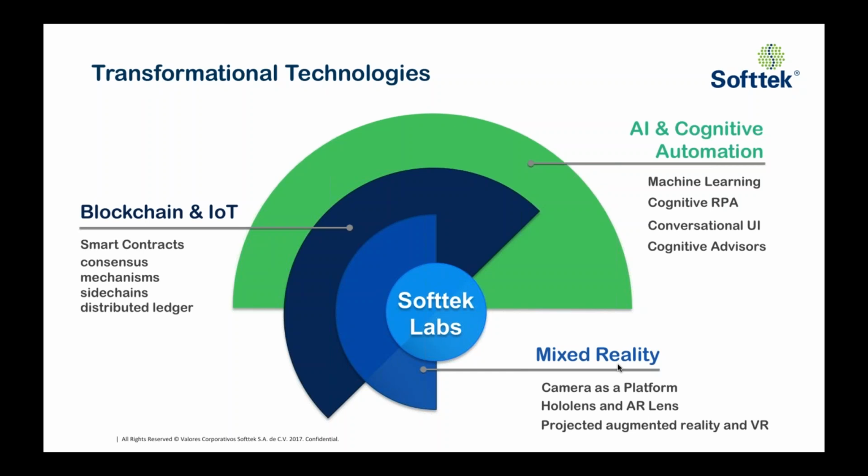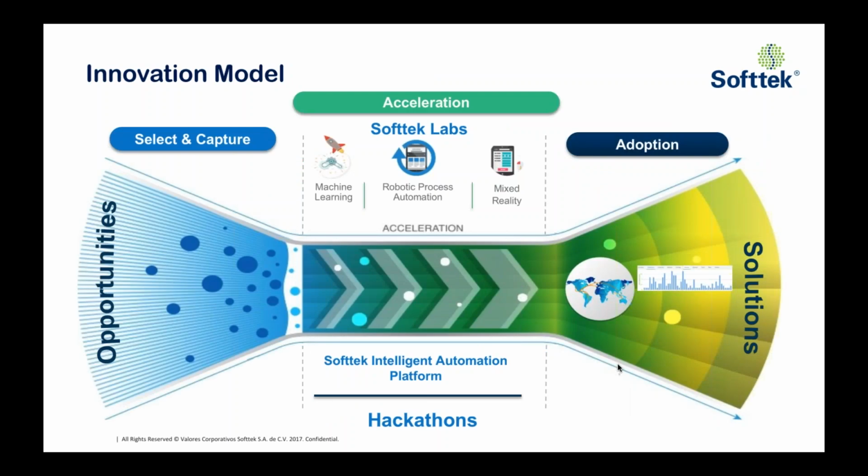So let me move a little bit further. Now we have a lab, and we have this innovation model. We select and capture ideas from the 12,000 people in SoftTech, right? And some of those ideas are really good and get funneled through this stage gate process, and eventually become, at the point here, right?